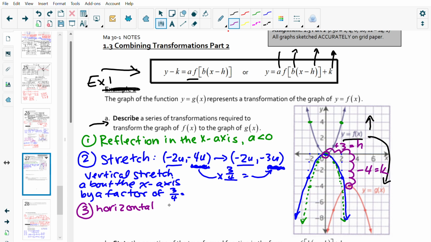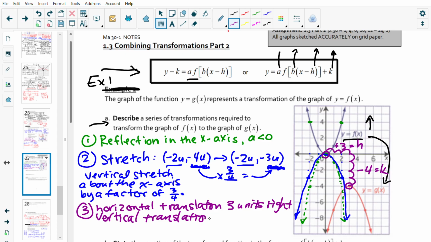Horizontal translation, 3 units right, vertical translation, 4 units down. Okay, draw it in.